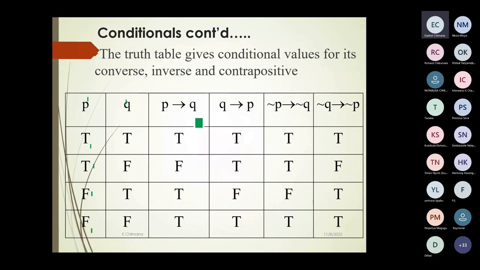We know the truth values for P implies Q. It is only false when true implies false. So whenever true implies false, it will be false. Otherwise, it is true. So these are the truth values for P implies Q. Then for Q implies P: true implies true, then it is true.